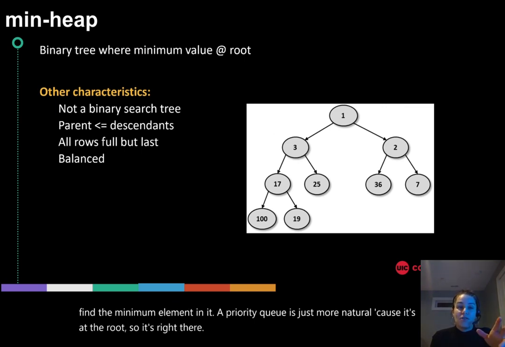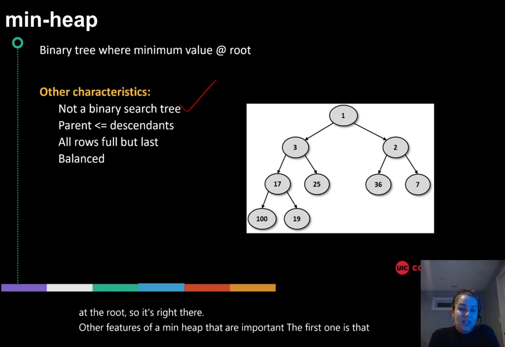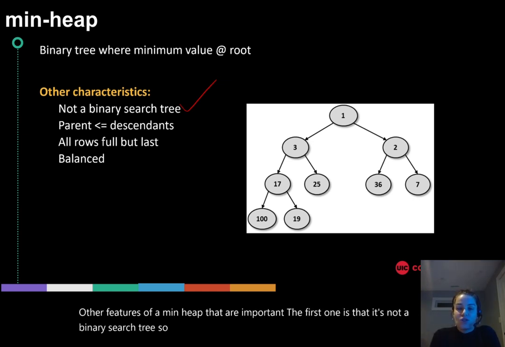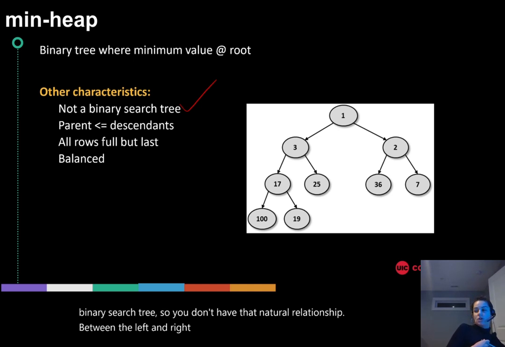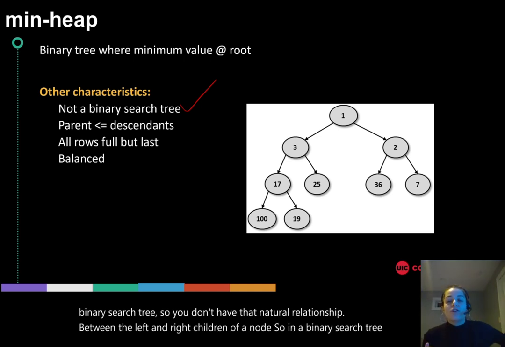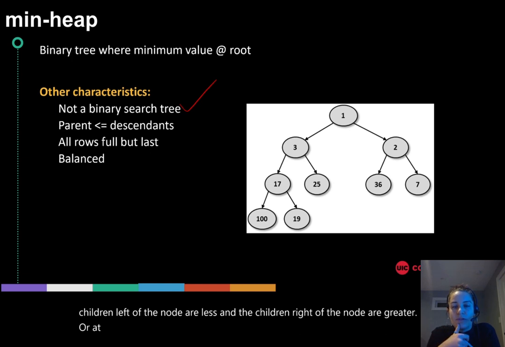Other features of a MinHeap that are important, the first one is that it's not a binary search tree, so you don't have that natural relationship between the left and right children of a node. So in a binary search tree, you know that the children left of the node are less and the children right of the node are greater, or the whole subtree left and the whole subtree right.